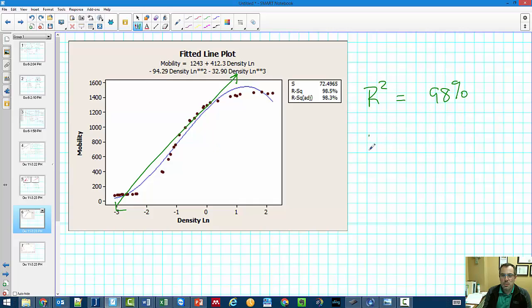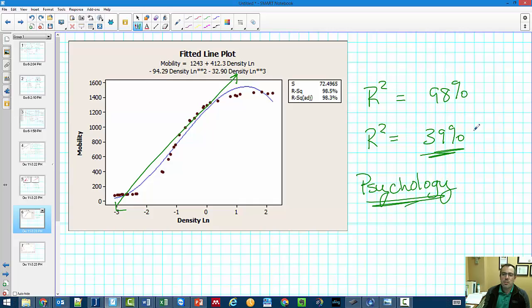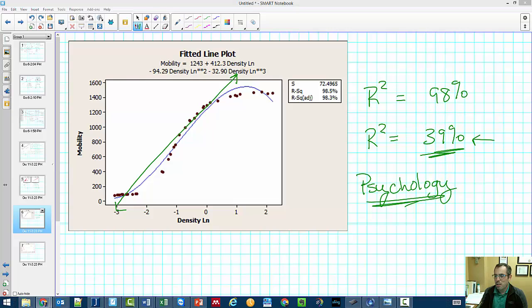But in some fields, having r squareds of 38% or 39% doesn't necessarily mean it's bad. In fields like psychology, for example, humans are hard to predict. So there are some fields where r squared values under 50% are completely adequate.